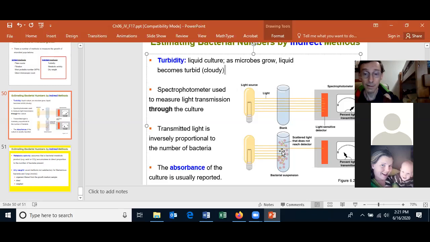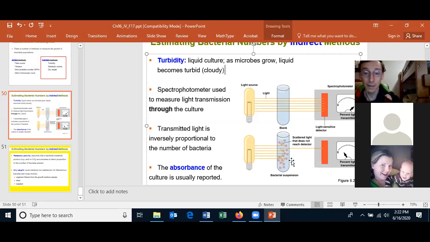The more cells, the less light will get through. The fewer cells, more light will get through. And then you look on a chart, and that tells you how many cells per mil you have. And obviously you have to make this chart, but once you have it made, then you can always use that chart for getting your estimate for the number of cells per mil.